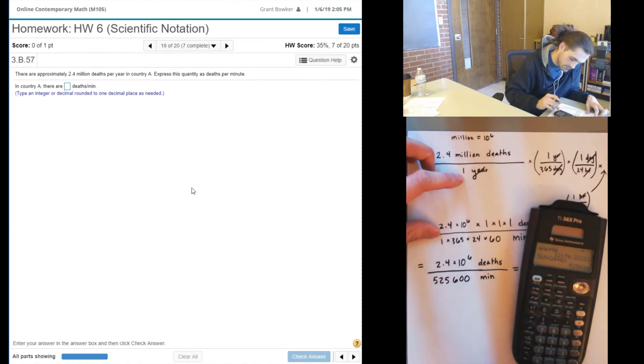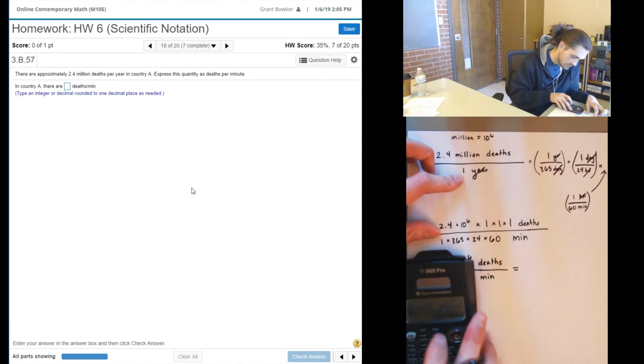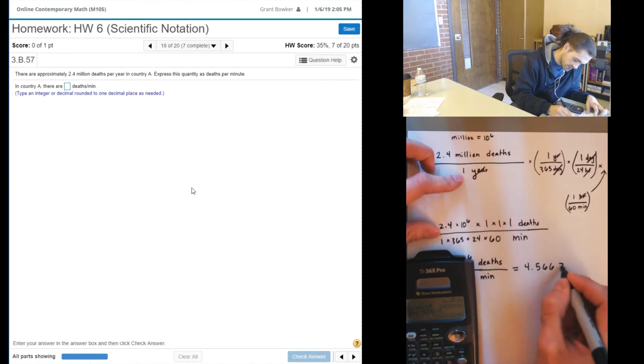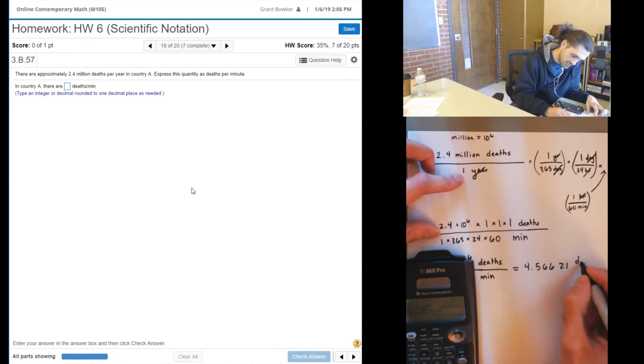And to follow this one through, I'll take my 2.4 times 10 to the 6th, and I'll divide that by 525,600. 4.56621, and that'd be deaths per minute.